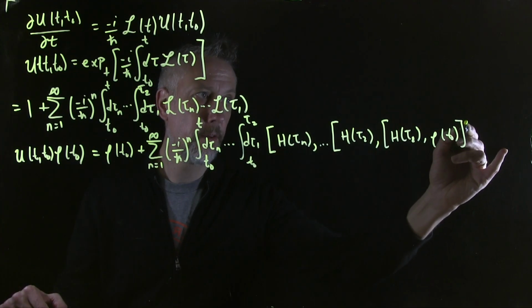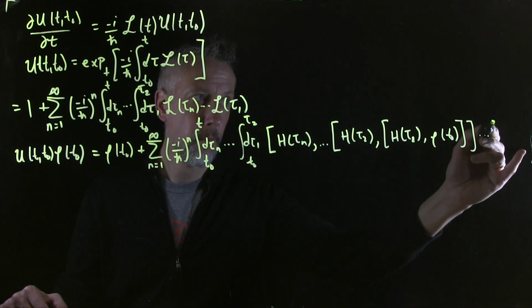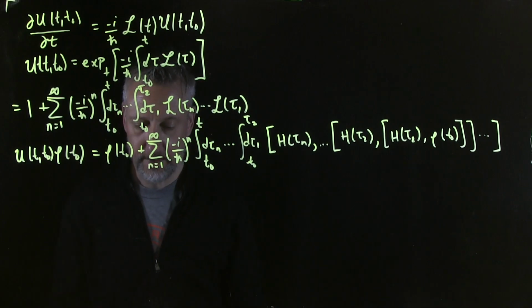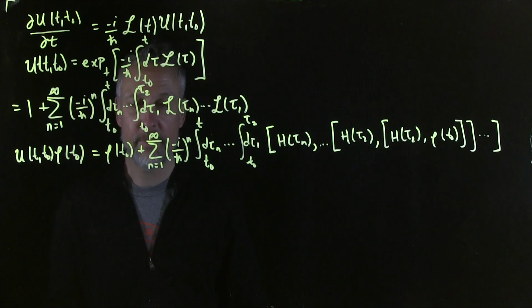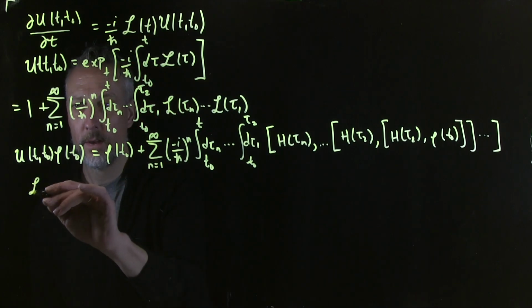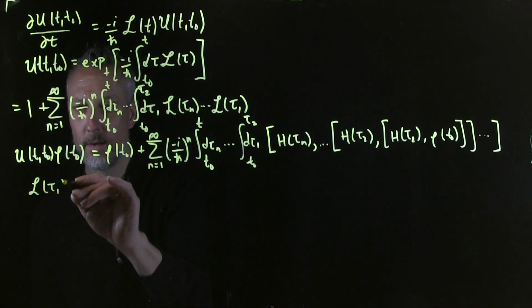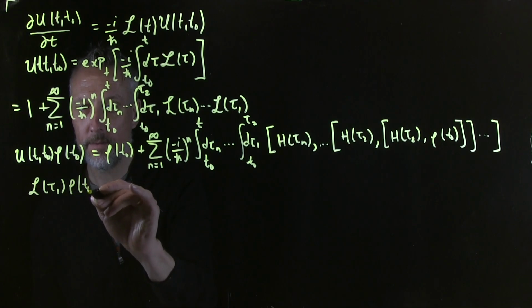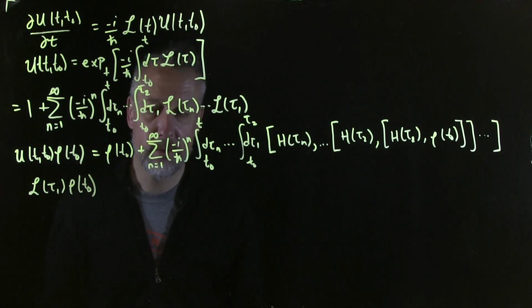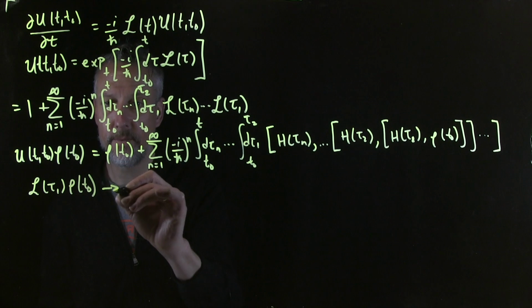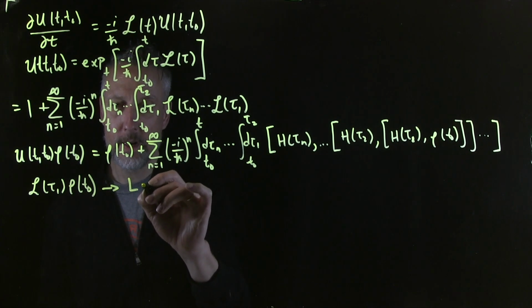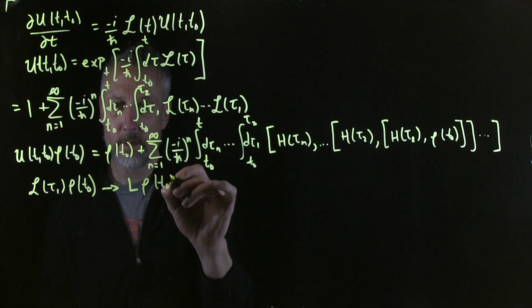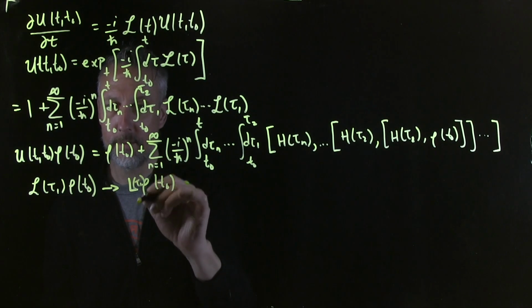Because now we have these nested commutators. And why is that? So let's think about what one application of L does, right? So L of tau 1 on rho of t naught. When we convert this back into Hilbert space, this is going to be L operating on rho of t naught, but it's L at tau 1.